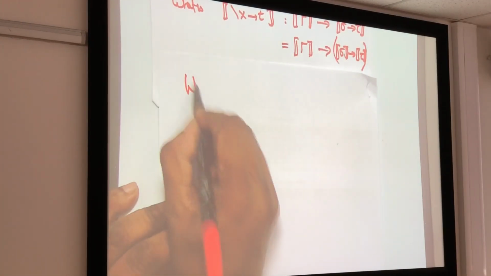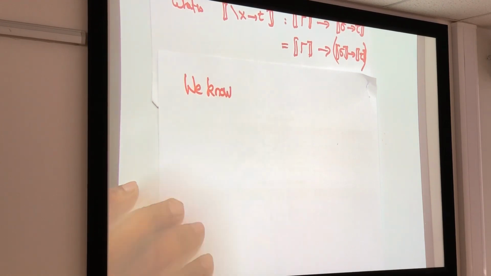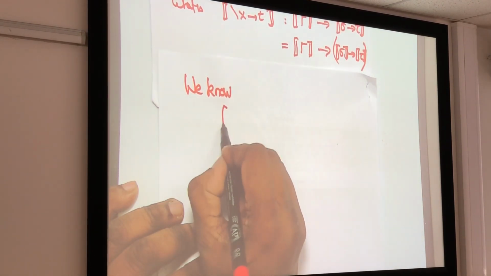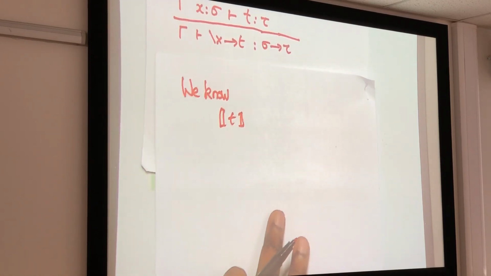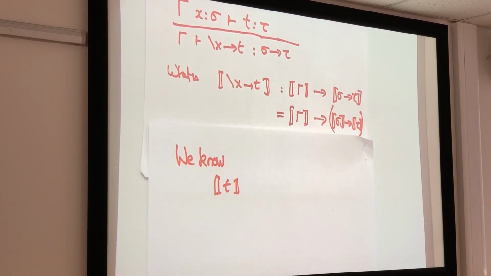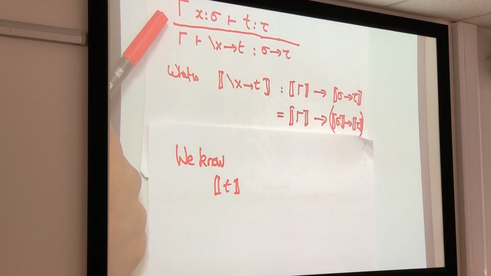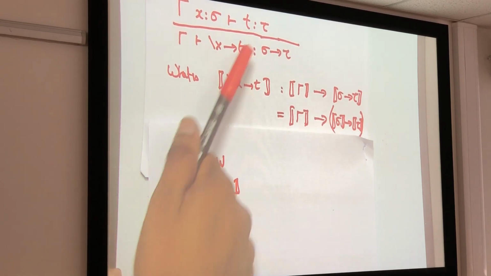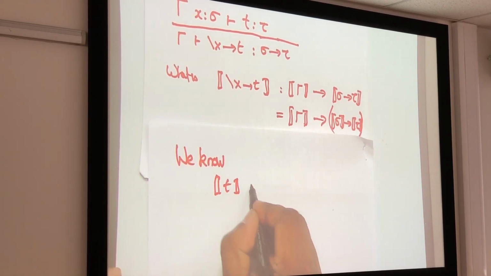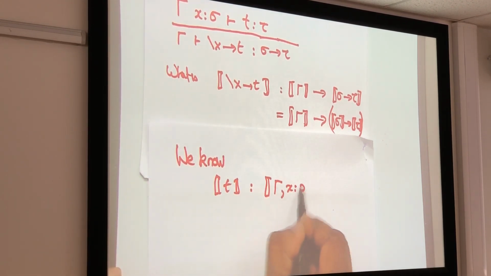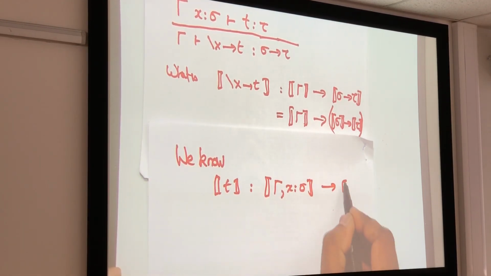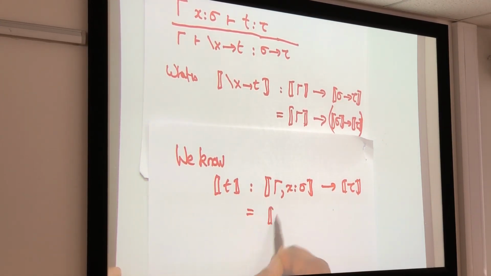So we know that, because we know this is true, t is interpreted as a function from the interpretation of this context to the interpretation of tau. And we know that this thing is the same as the interpretation of gamma times the interpretation of sigma.